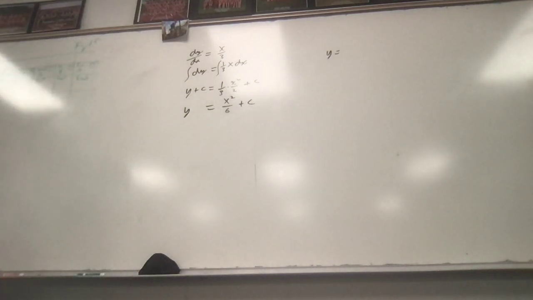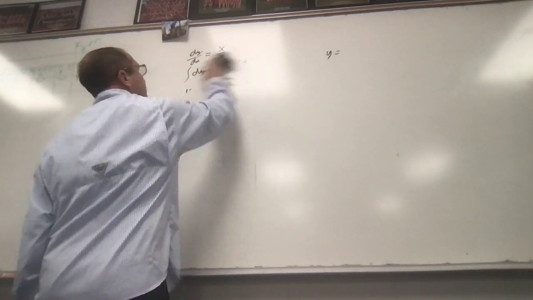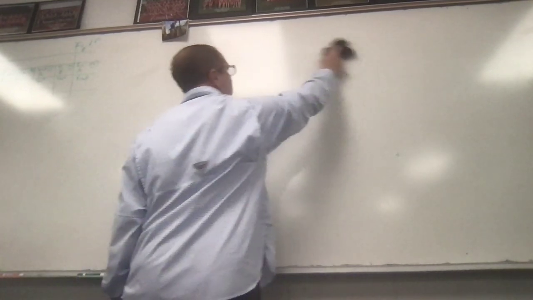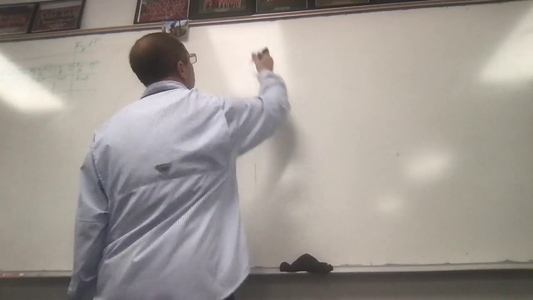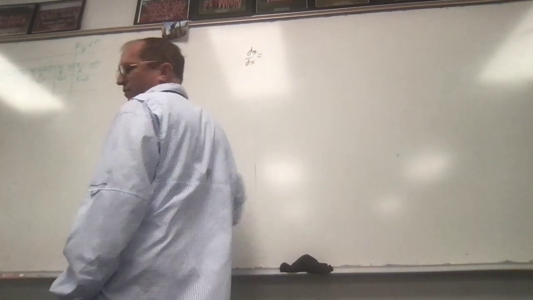So let's look at another example here. I'm going to do one with an initial condition in it. Heck, let's do a u substitution as well. So dy dx, and not all of them will start off as dy dx.